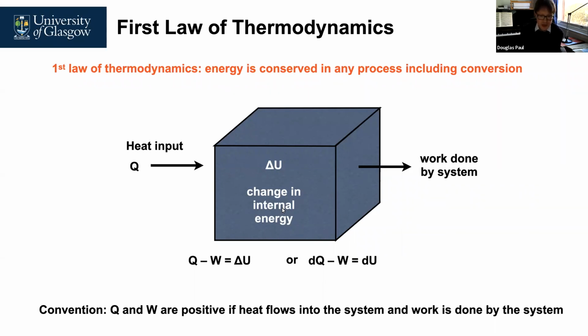Later in this lecture, we'll go through that process in much more detail, but there will be some change in internal energy in the system. This is something that James Black discovered at the University of Glasgow a number of centuries ago. The key thing here is that the input energy Q minus the work done by the system, W, equals the internal energy change in the system, delta U.